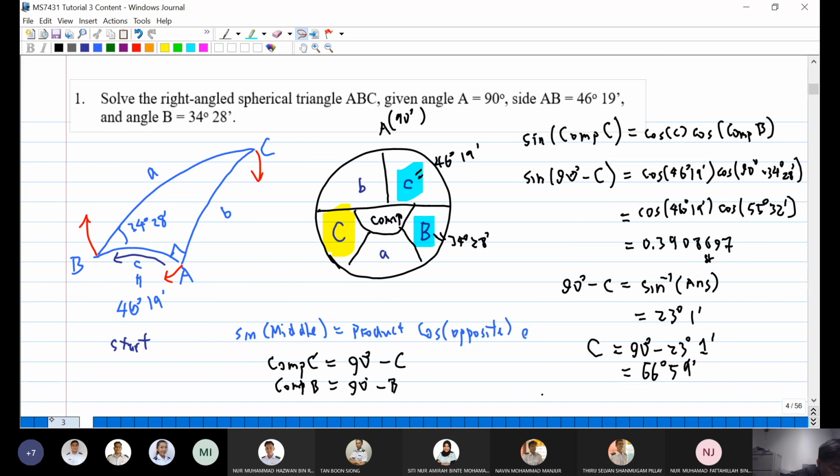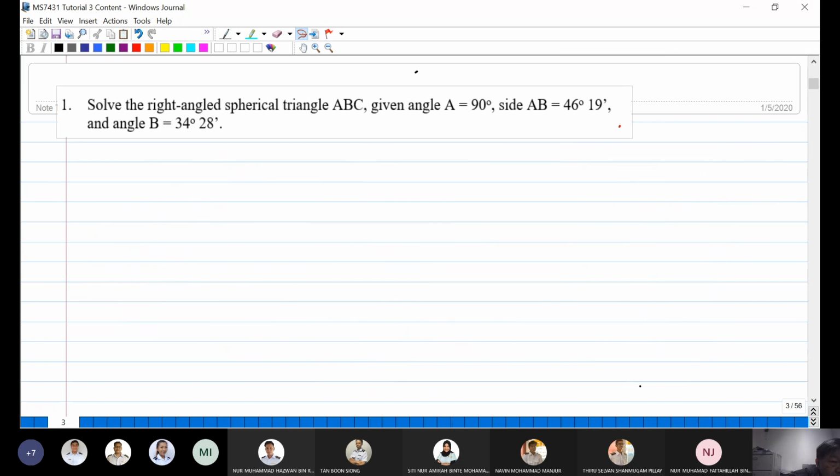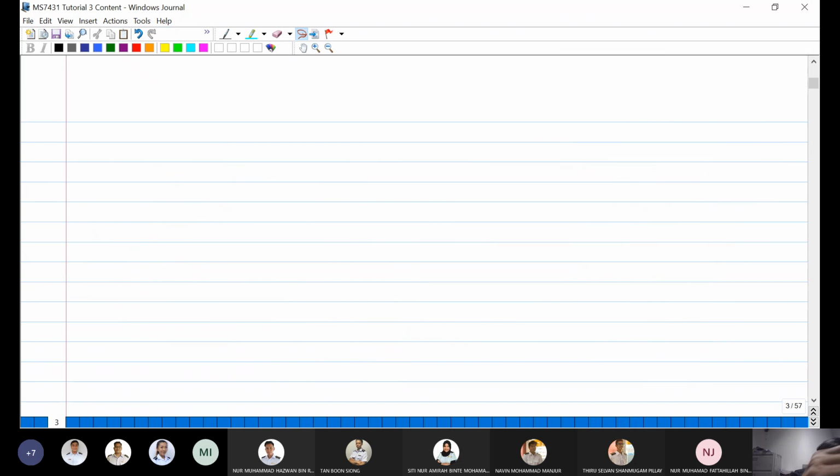Let me copy the formula first. This is what the Napier rule looks like, right? Is there a shortcut to do everything so that you don't need to do so much? First of all, what is co-C first?